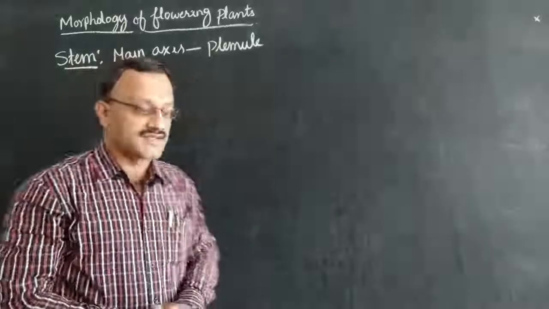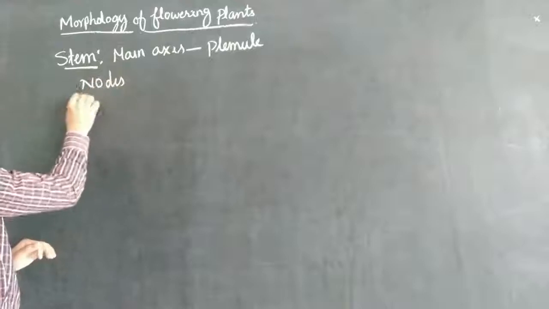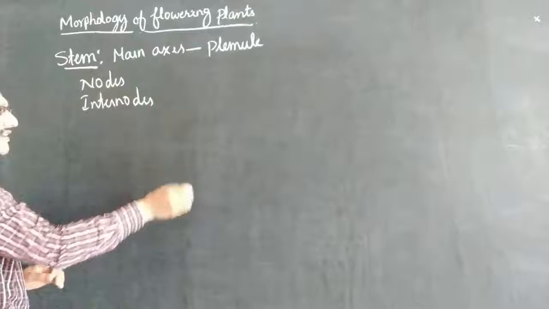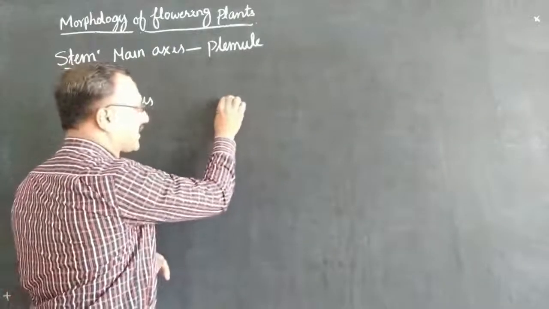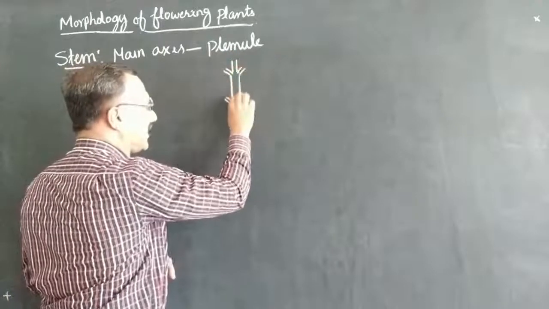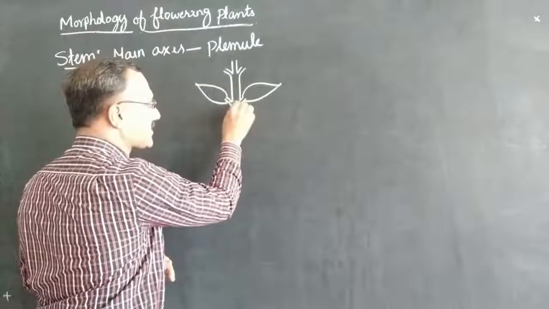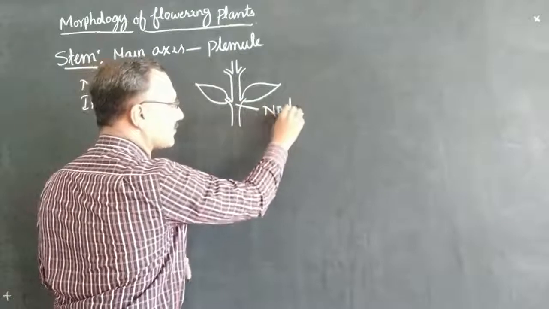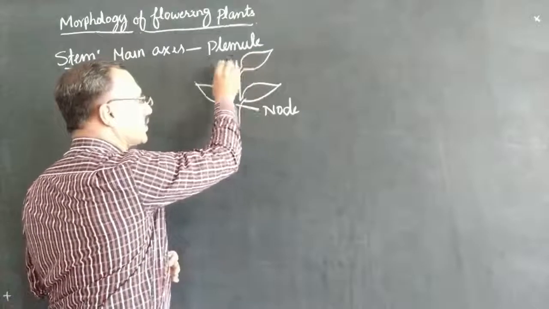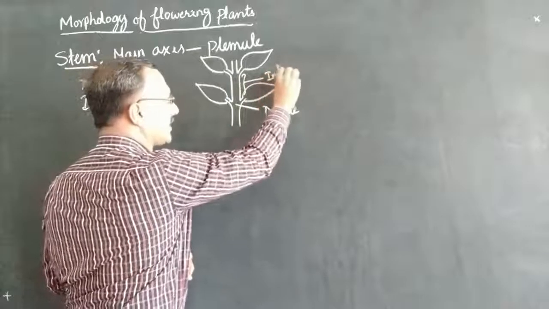Stem bears node and internode. The region where the leaves are attached to the stem is called a node, whereas the region between the two nodes is called the internode.